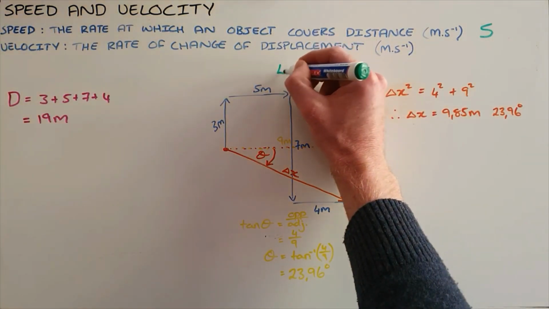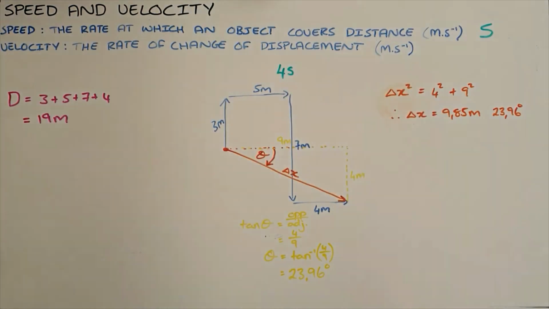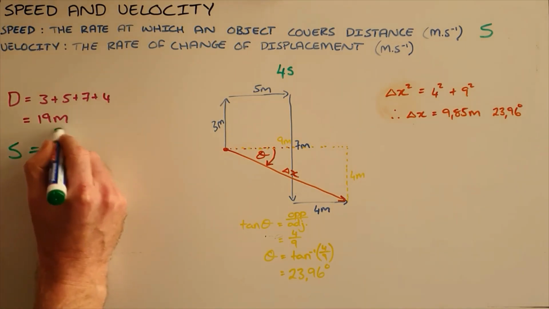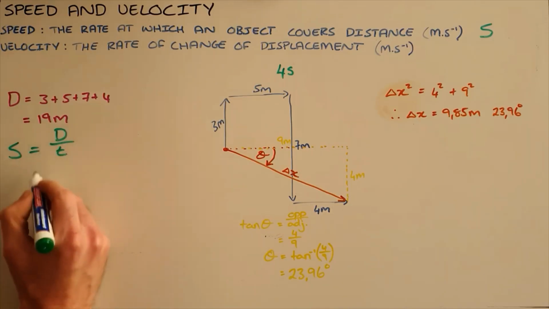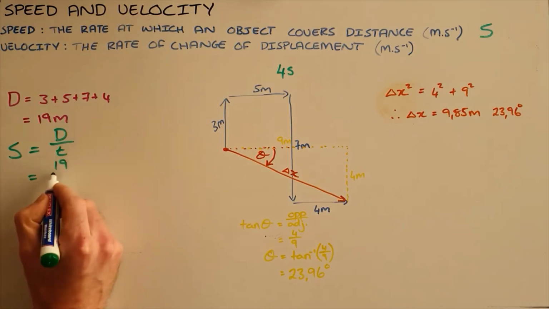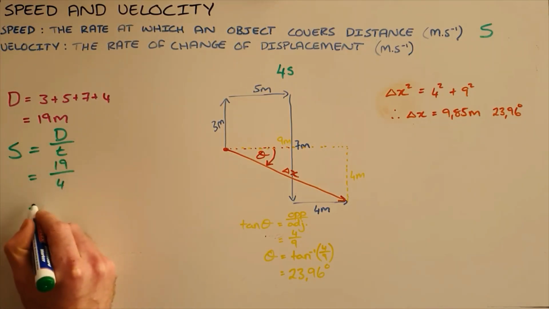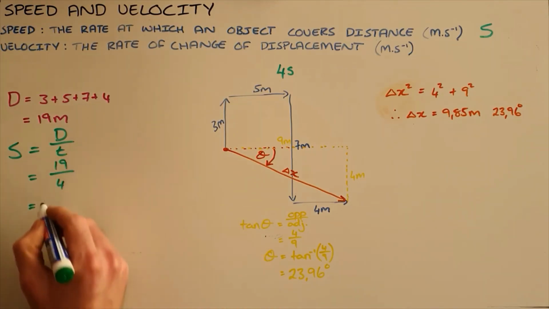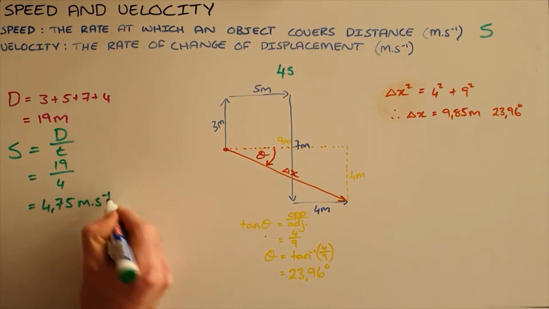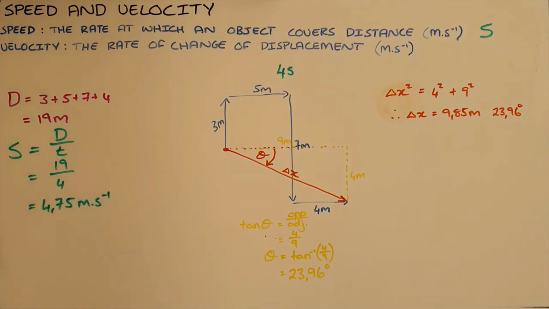Now, if we know that this object covered that distance in 4 seconds, then we can calculate the speed using the simple formula: speed is equal to distance over time, where the distance we know was covered as 19 meters. The time given was 4 seconds, which means that the speed of this object was 4.75 meters per second.